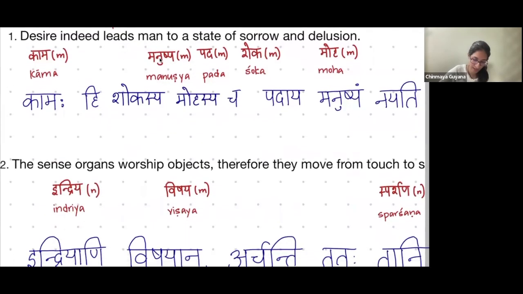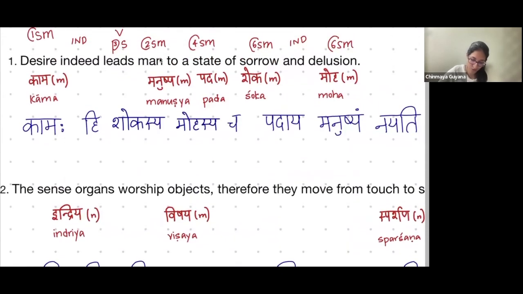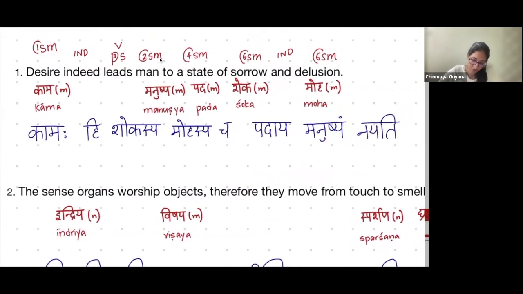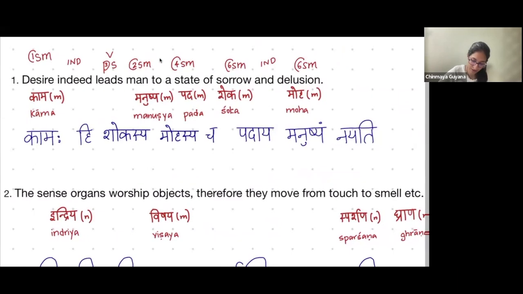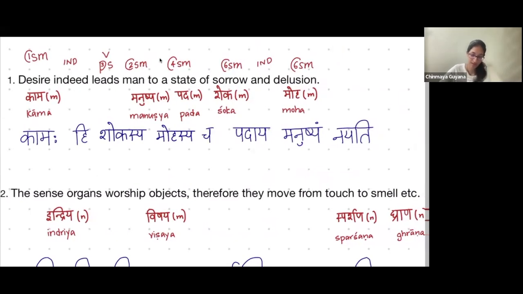Okay. The sense organs worship objects, therefore they move from touch to smell, etc. What is our verb? Oh, that question was 16 marks, by the way. Question number 1. What is our verb? Worship. Oh, there are 2 verbs.